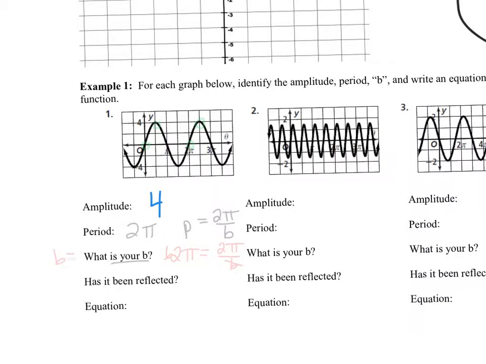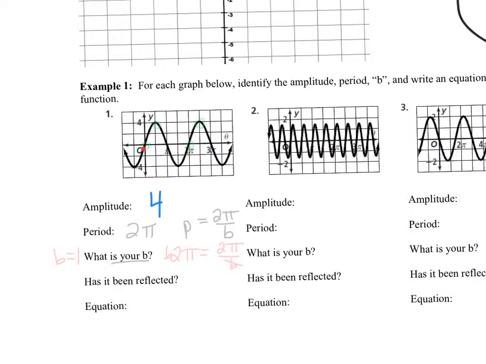So b is 1. So has it been reflected? Now, to see if it's been reflected in a sine function, think about the unit circle: the y value increases as you go around the unit circle to start in the first quadrant. So if it goes 0, max, 0, this is a positive sine function. So it has not been reflected.